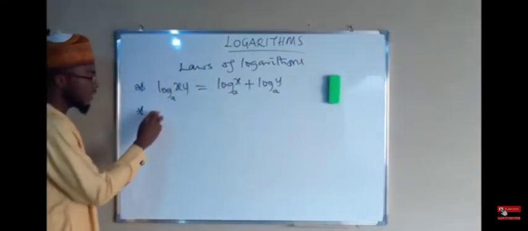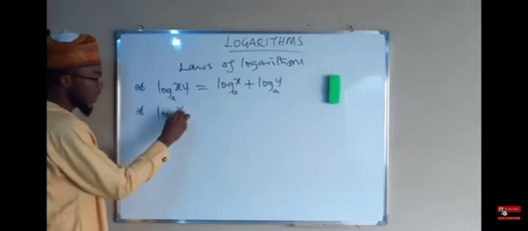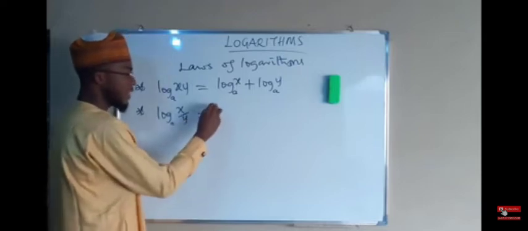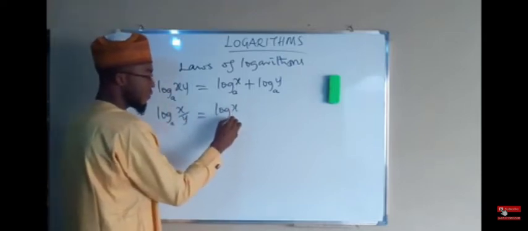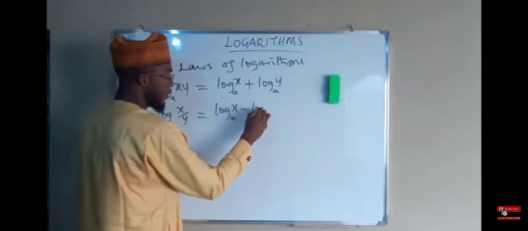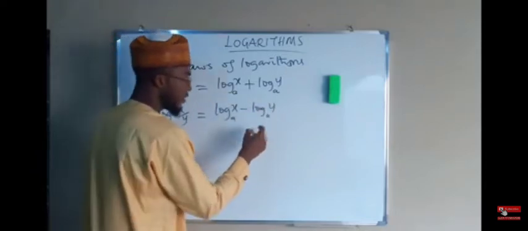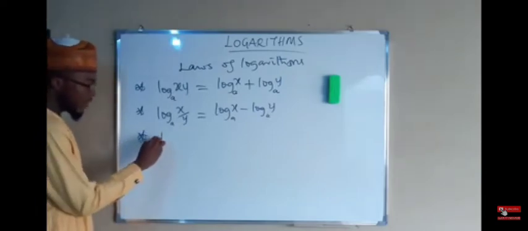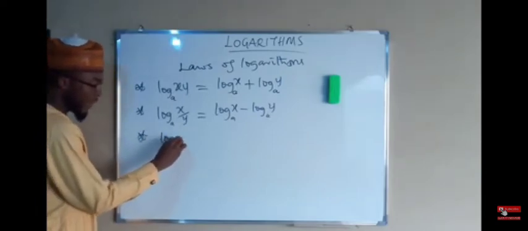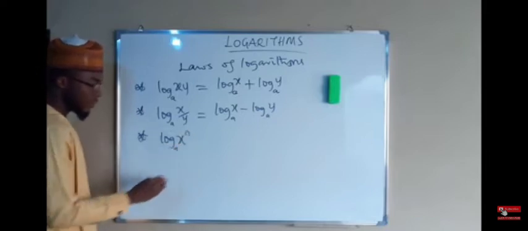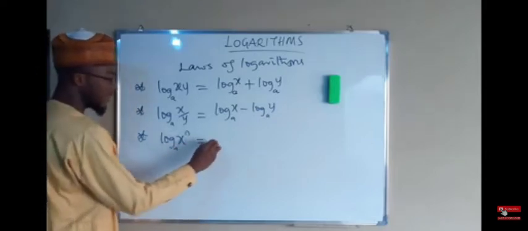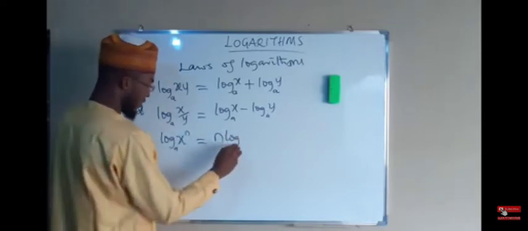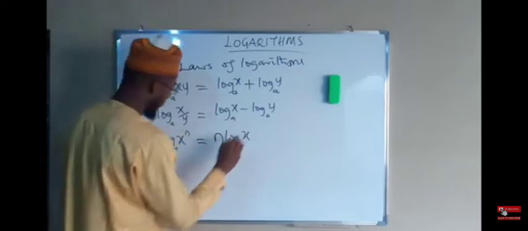And again, if you have log of x divided by y, base a, this is the same thing as log of x base a minus log of y, the same base. And again, if you have log of x raised to the power of n base a, this is the same thing as n multiplied by log of x base a.